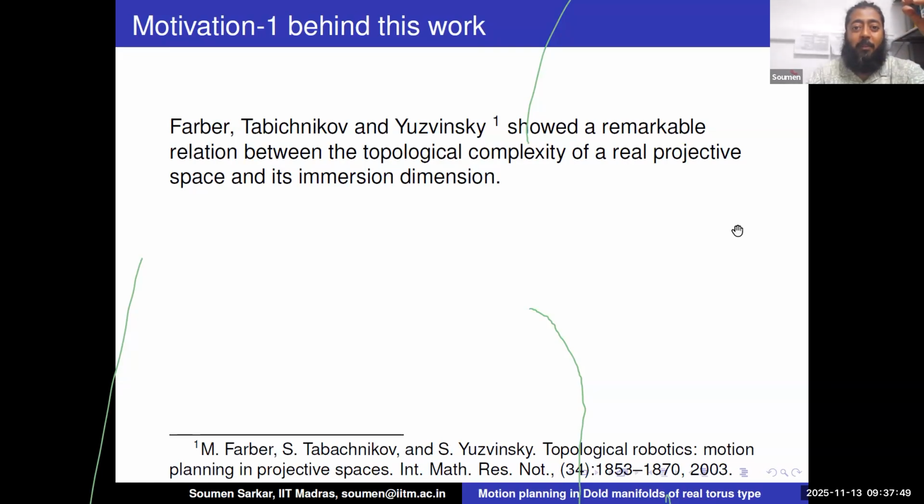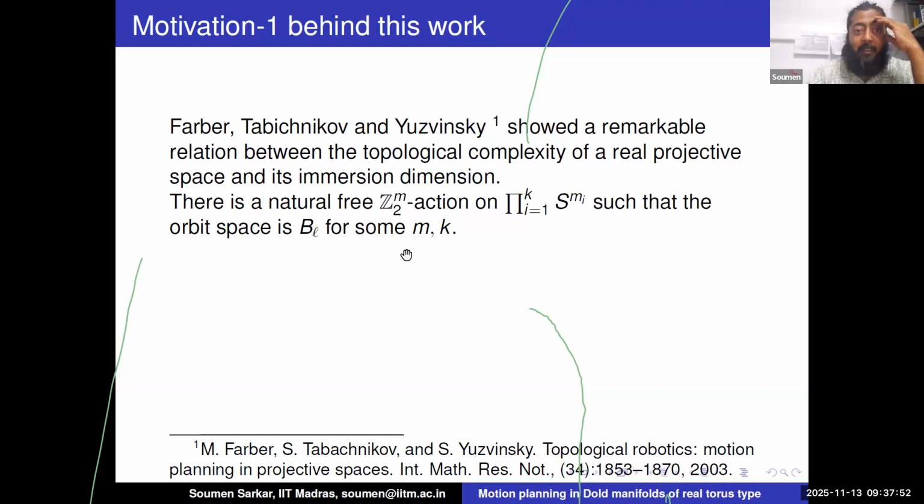Why should we discuss this? The thing is, we can see this real Bott manifold as an orbit space. If we take Z2 to the power m, then it is an m-dimensional vector space over the finite field F2.